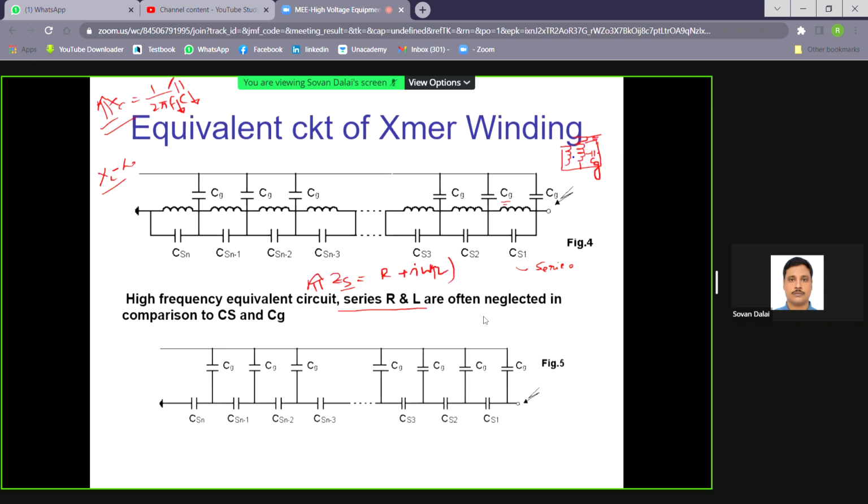Also, some capacitance is formed between the high voltage and low voltage windings. All of this together we consider as series capacitance. A high voltage testing transformer is not a single winding; it consists of a disc winding. There are several discs, and each disc offers certain capacitance. For simplicity, we consider these capacitances as CS1, CS2, CS3 and so on.